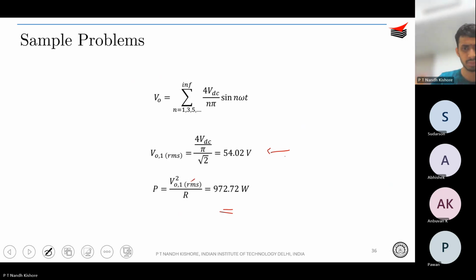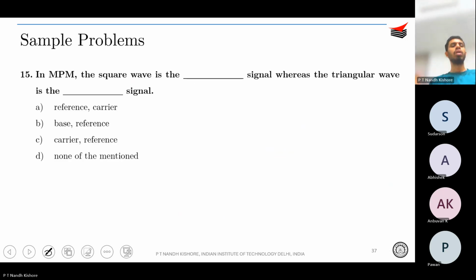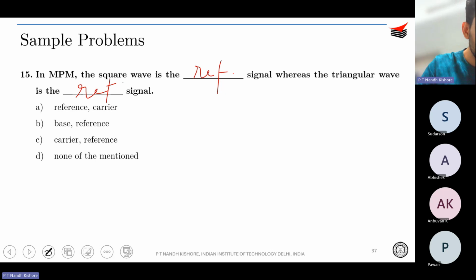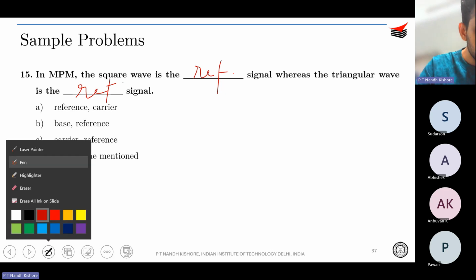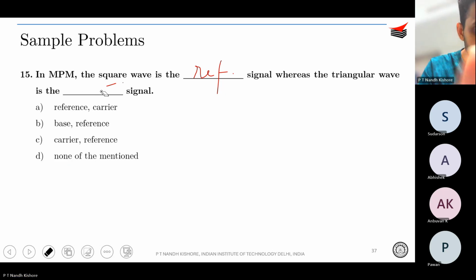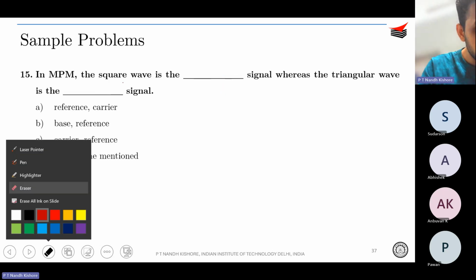Okay. In multiple pulse modulation, the square wave is dash signal, whereas a triangular wave is a dash signal. So in any kind of modulation, you know that square wave is the reference signal, triangle is a carrier signal. Sorry, it's about the carrier, right?